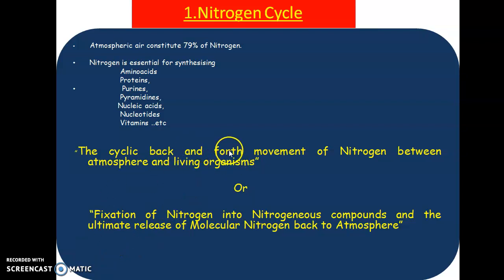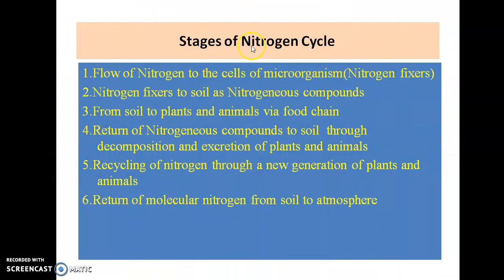Nothing but it is a back and forth movement of nitrogen between the living and non-living components of the ecosystem. Then what are the stages of nitrogen cycle? What does generally happen during the nitrogen cycle? The first stage is the fixation of nitrogen.